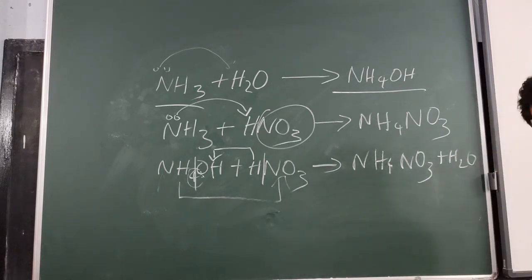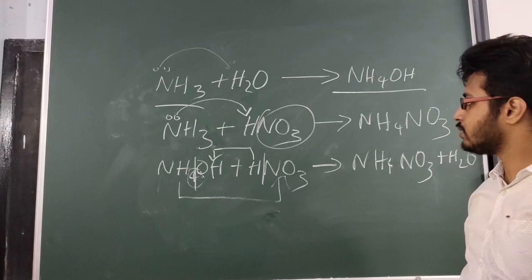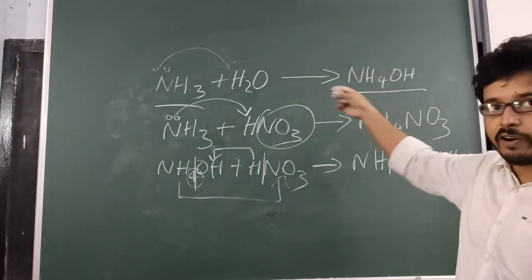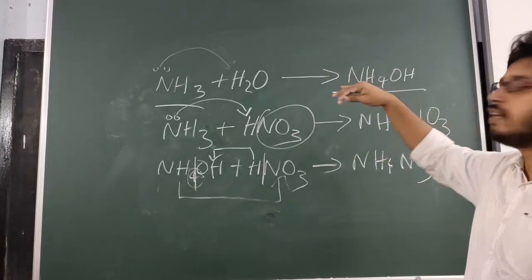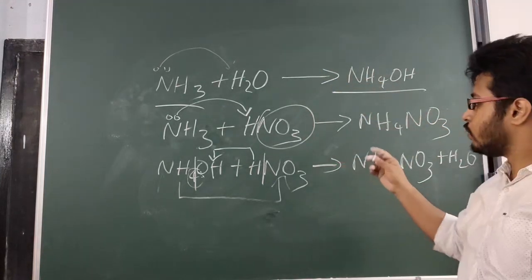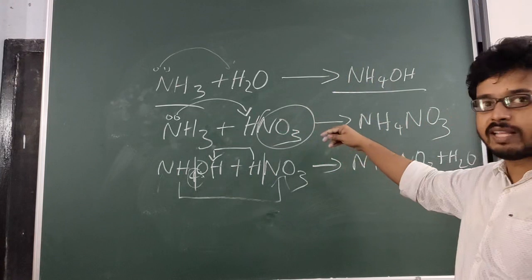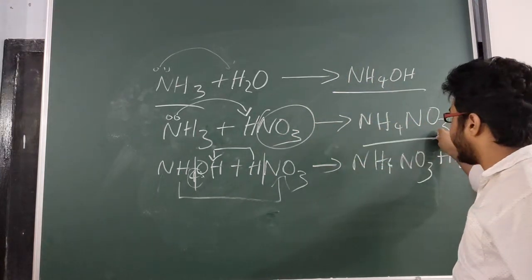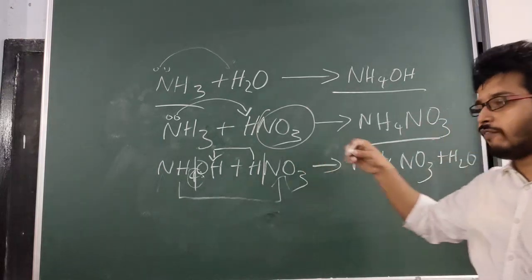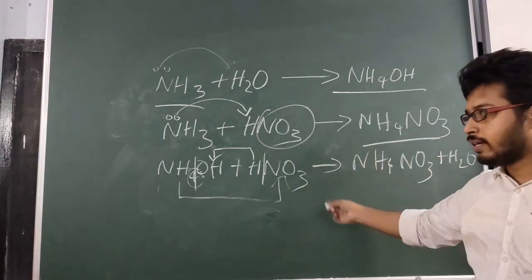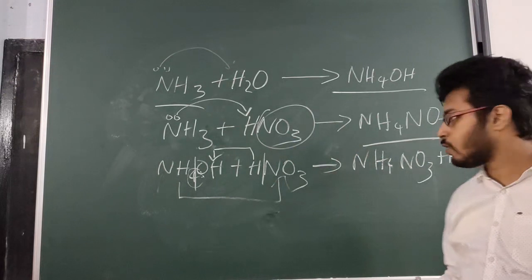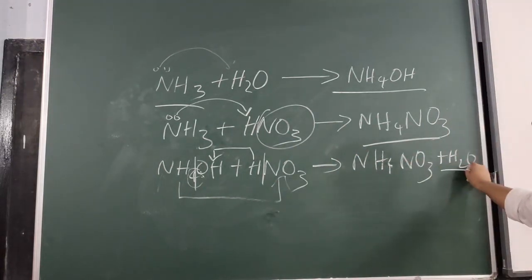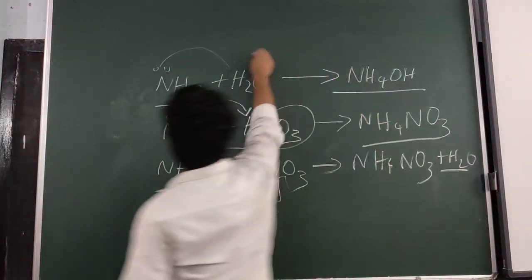If you are comparing both the reactions, you remember what NH4OH is: NH3 plus H2O gives NH4OH. The NH3 reaction with HNO3 will yield NH4NO3. The difference when reacting with NH3 and NH4OH is just this: there will be an extra amount of water, which is from the ammonium hydroxide.